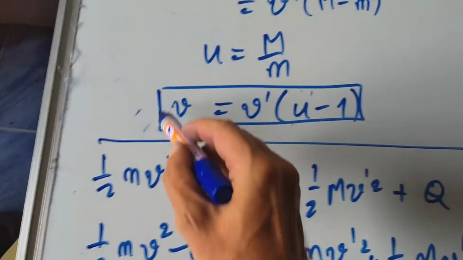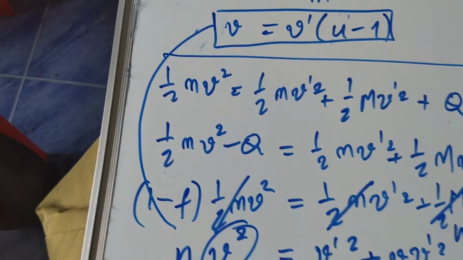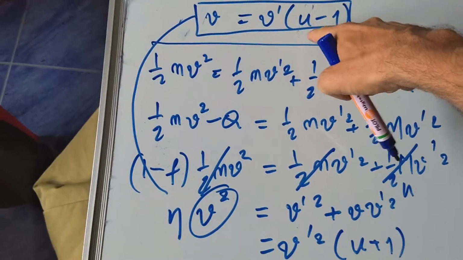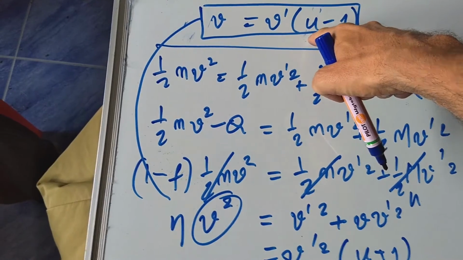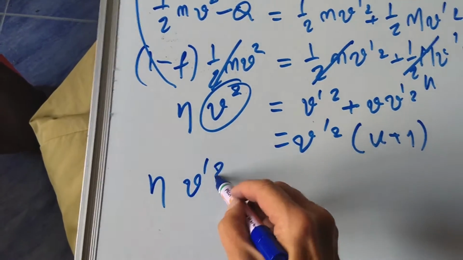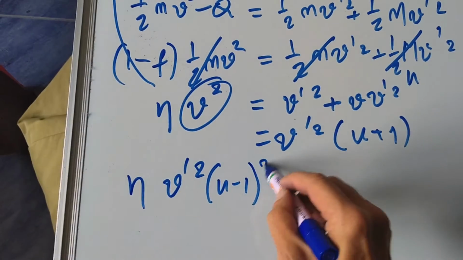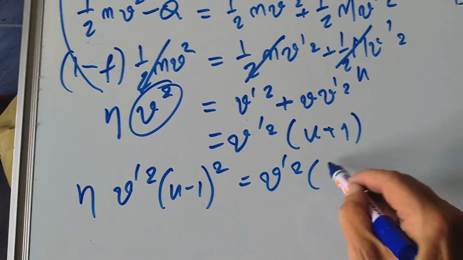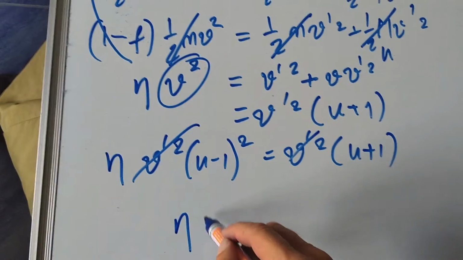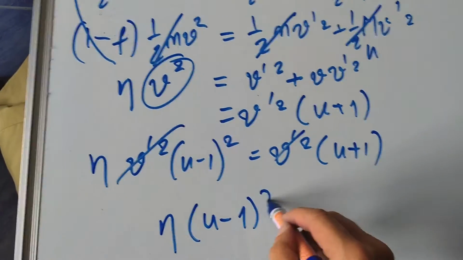Same technique as in the last video. So let's square this and substitute in here. I have eta v prime squared (u minus 1) squared is v prime squared (u plus 1). Let's cancel this out. I have eta (u minus 1) squared.